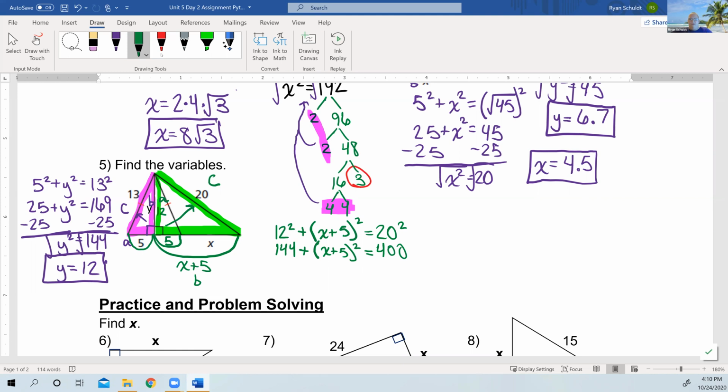400. So subtract 144. We're going to get x plus 5 squared equals 256. Square root both sides. Now the square root and the square cancel.